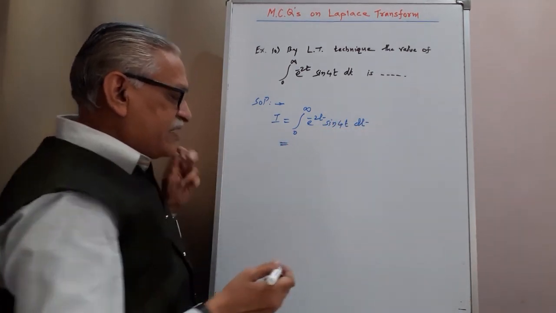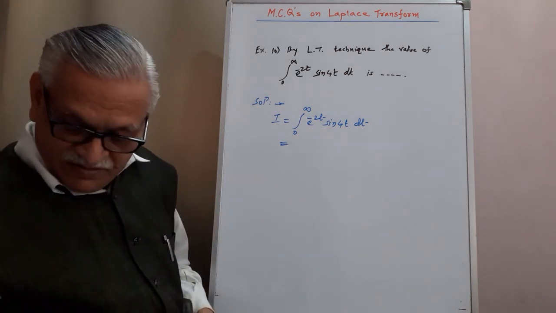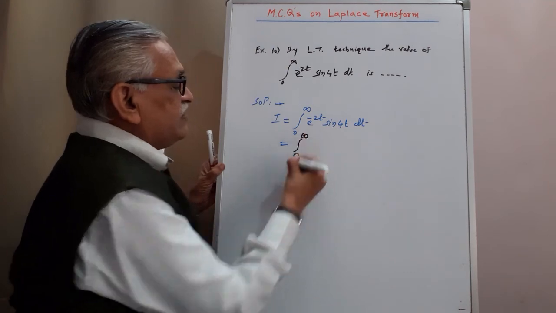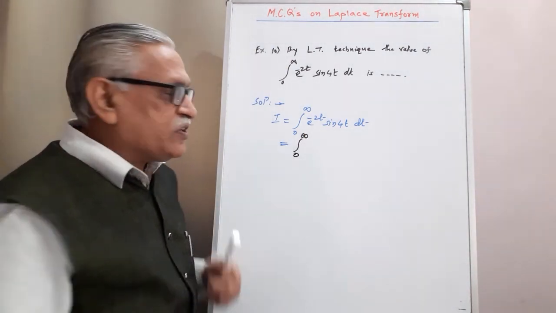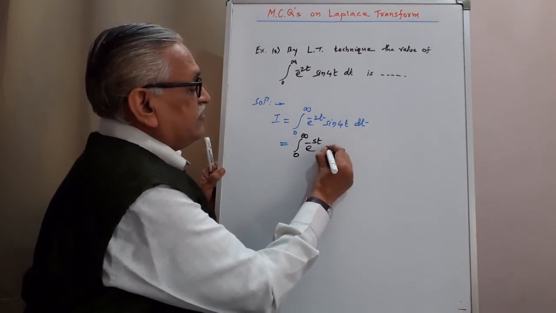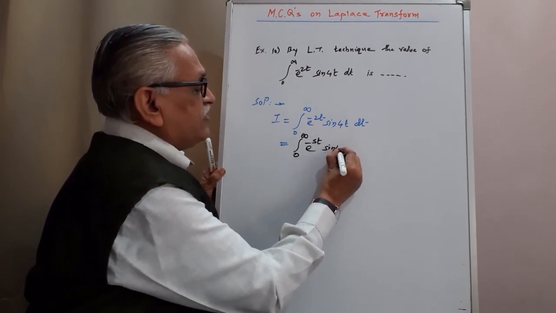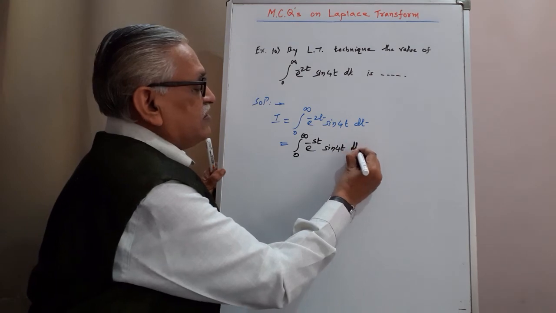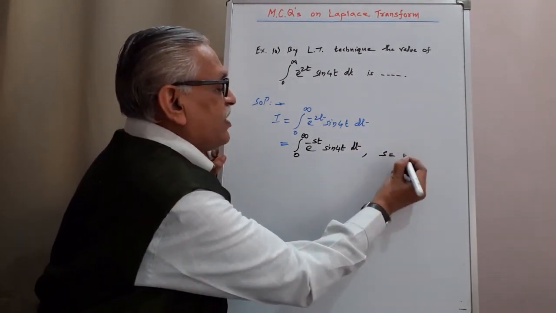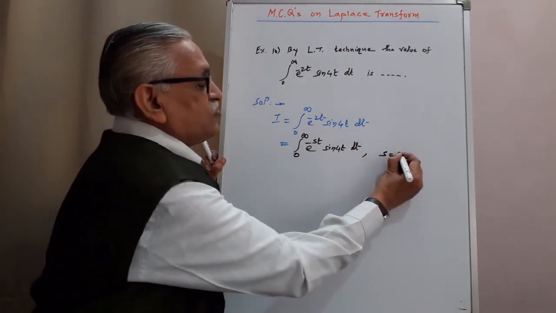This we can rewrite as the integration from 0 to infinity, replacing e raised to minus 2t by e raised to minus st, into sine of 4t dt, and we mention the value of s, where the value of s is 2.